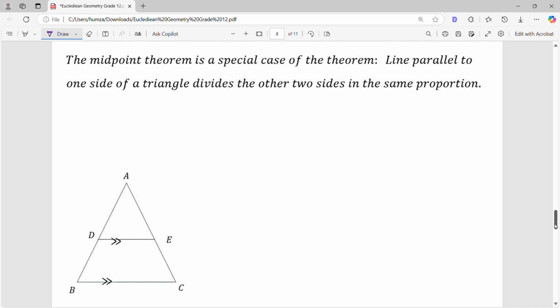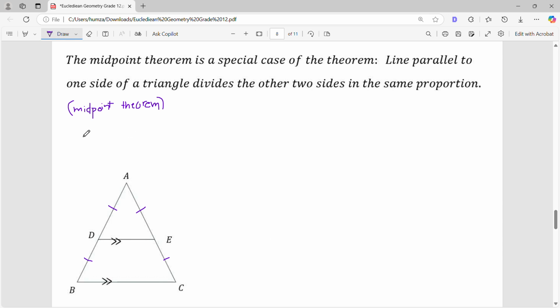And for this one, we can use the abbreviation, and the abbreviation will be midpoint theorem. Now let's look at this triangle given, triangle ADE and ABC. Now given that AD is equal to DB, and we can say that AE is equal to EC.